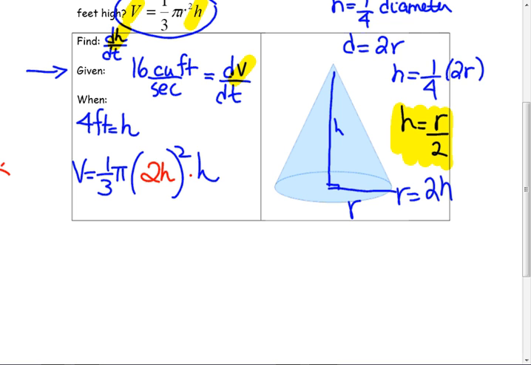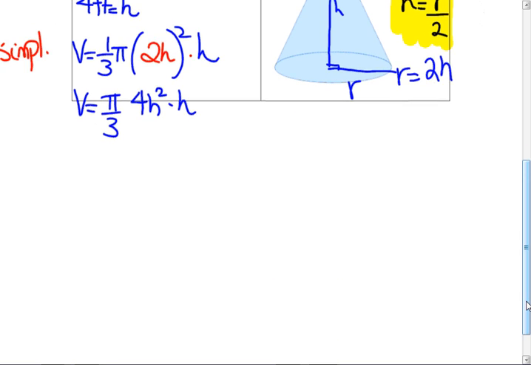We always simplify. You never put in the constants until after you've taken the derivative. So if I multiply that out, volume equals pi over 3 from the first two factors. What's 2h quantity squared? 4h squared, and then I have another h.